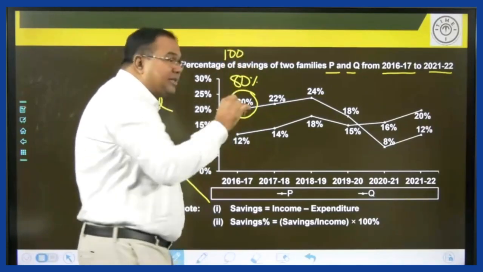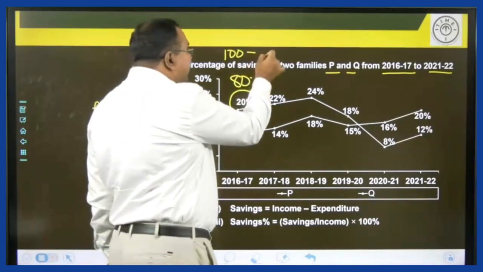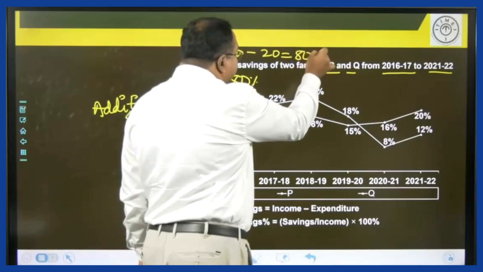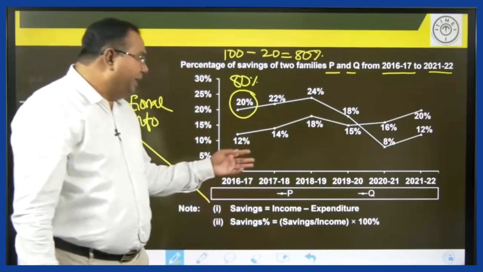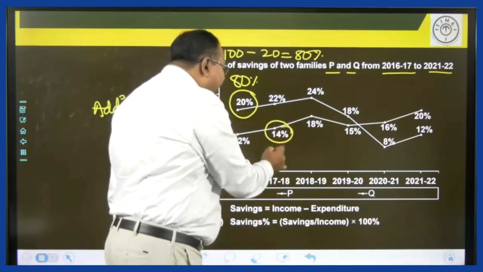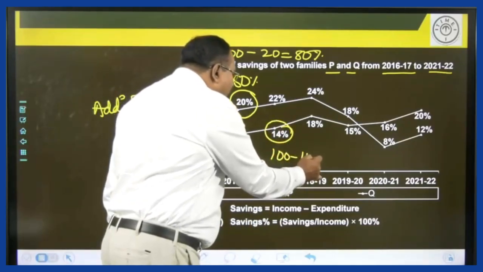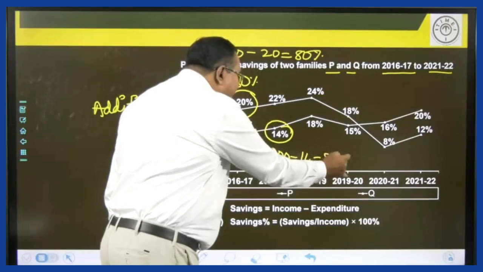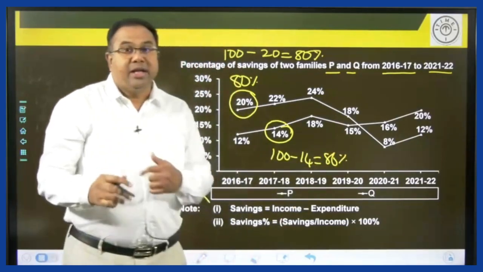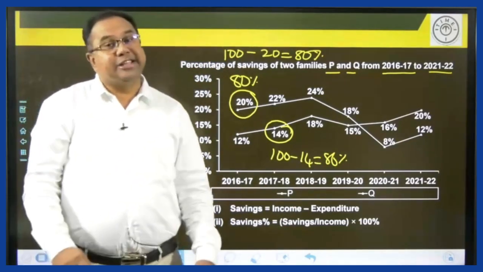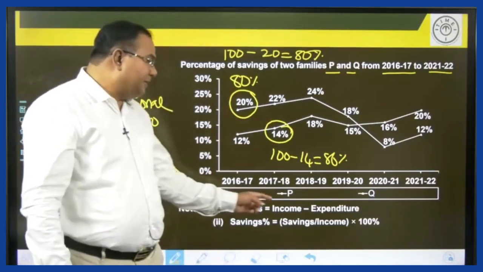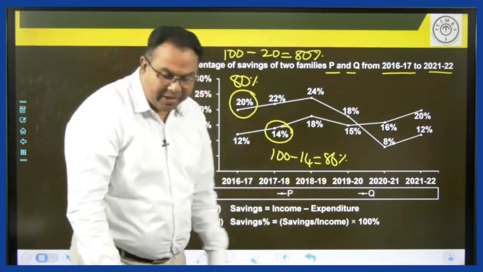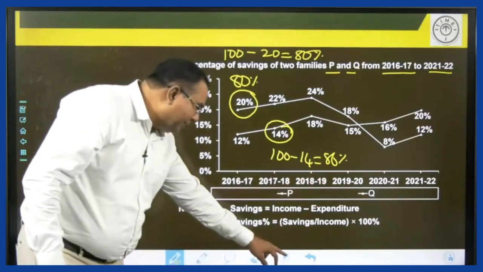Total is 100%, your income. Savings is 20%. If I remove savings, I get 80% expenditure. Then 14%: 100 minus 14, how much is the expenditure here? It has to be 86%. Because savings and expenditure put together is your income, that is 100%, and savings percentage is calculated on income. This is the information about the given set.